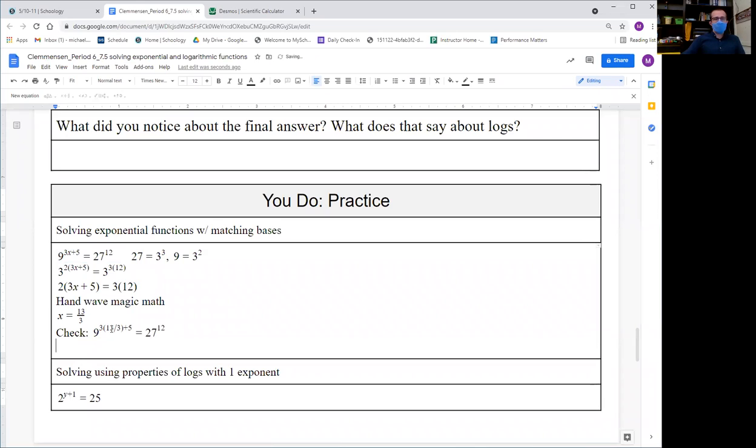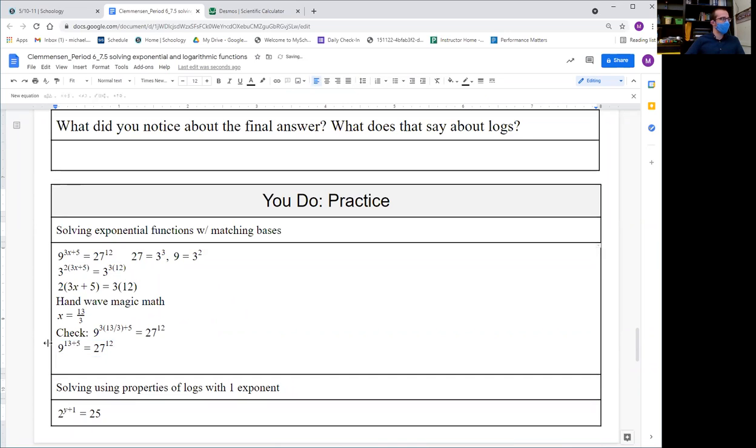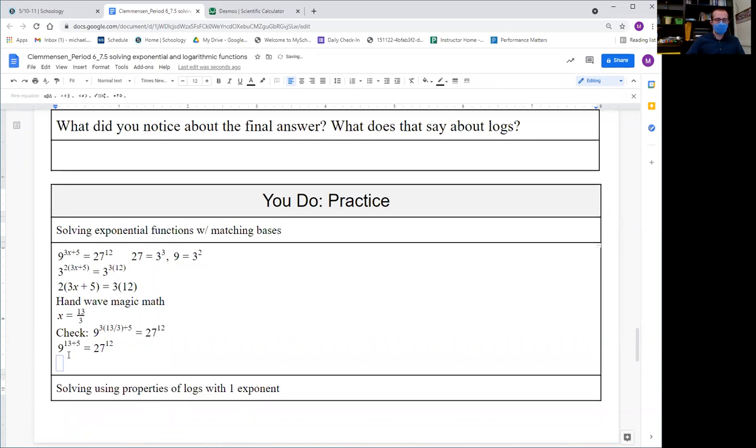Now, 3 times 13 over 3 is a nice number of just 13. So we get 9 to the power of 13 plus 5 equals 27 to the power of 12. I can keep simplifying there as well. 13 plus 5 gives me 18. I get 9 to the 18th equals 27 to the power of 12.